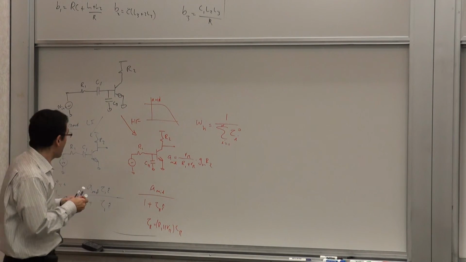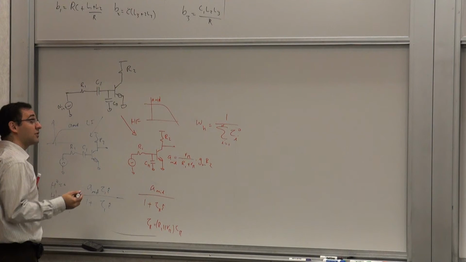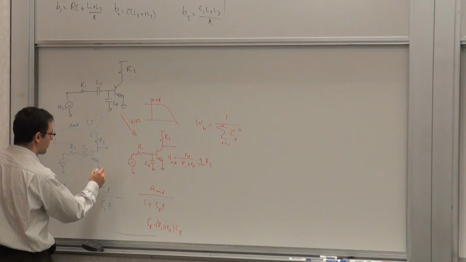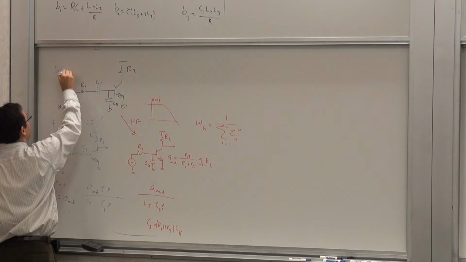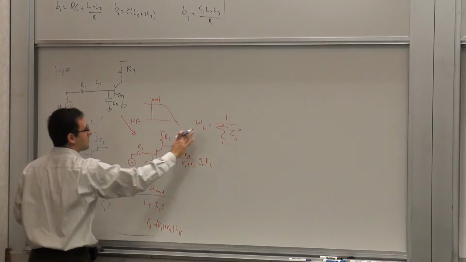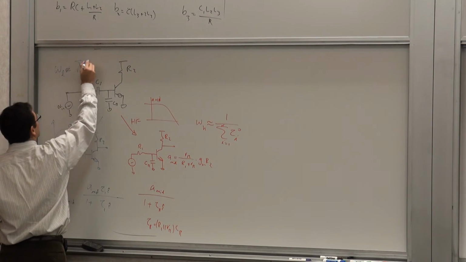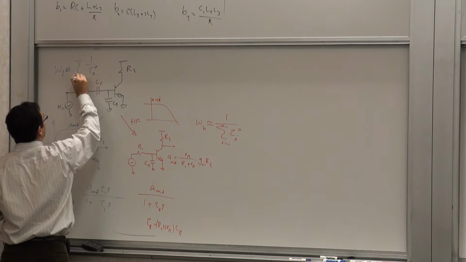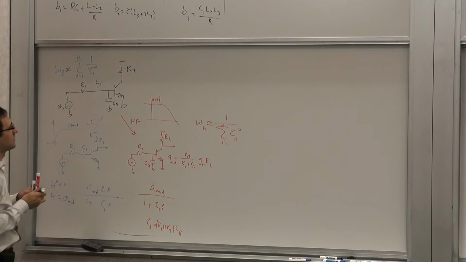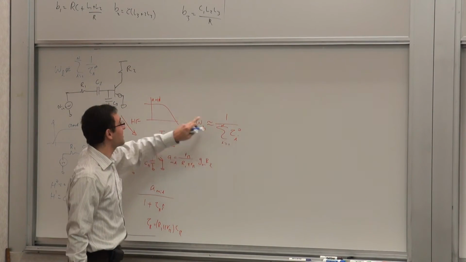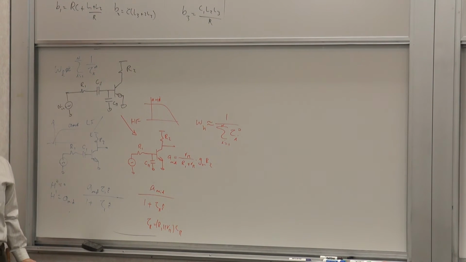In the infinite value time constants, you have to calculate the time constants, calculate the reciprocals, and then use that sum as an estimate. So in this case, the estimate for omega L, this is also an estimate, is going to be the sum of the reciprocals of the infinite value time constants. You see they're different. And that's why this is dominated by the largest time constant, while these guys are dominated by the smallest time constants.